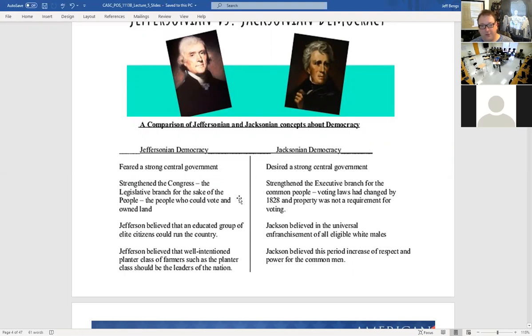Because at first our government started out as a watered down version of England. We still had, starting with the Articles and then moving into the Constitution, a group that was kind of a mirror of Parliament in England.